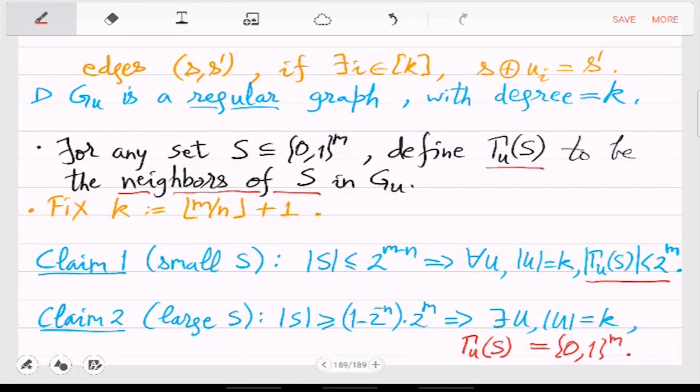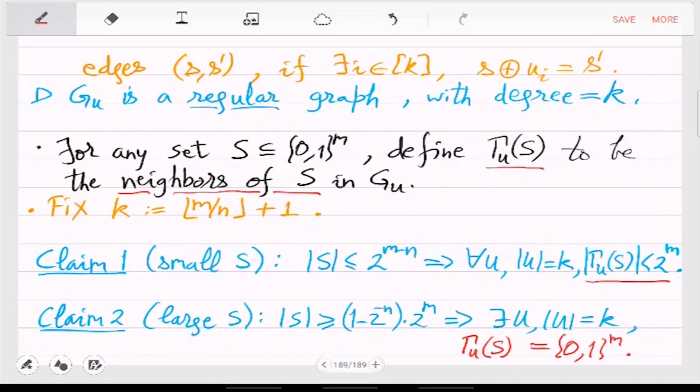No matter what U is, if S is small, then from S you cannot reach the whole space, all the vertices of GU. But if S is very large, then there will be a definition of GU where the connectivity will be so good that from S you can reach everywhere.